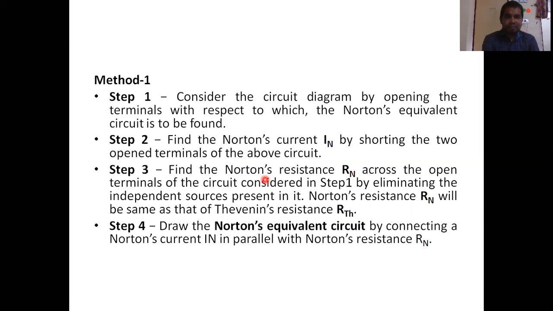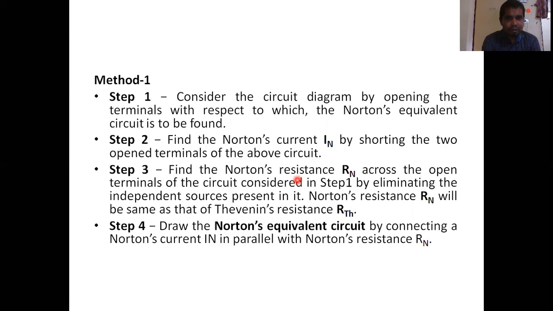Here, actually, three methods are available for Norton. In the first method, you determine the Norton current by short circuiting the load terminals, and determine the Norton resistance the same way as in Thevenin, that means opening the load terminal, removing all the sources, and determining the Norton resistance.